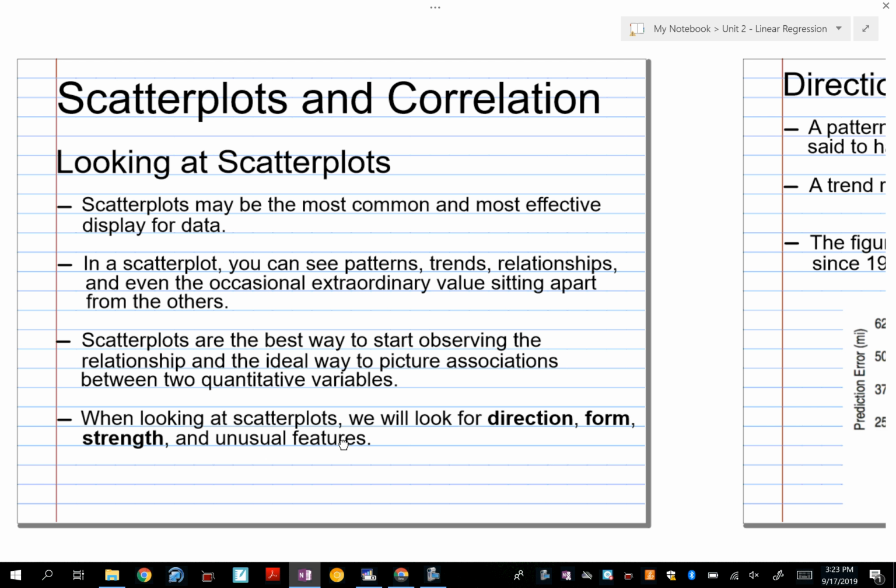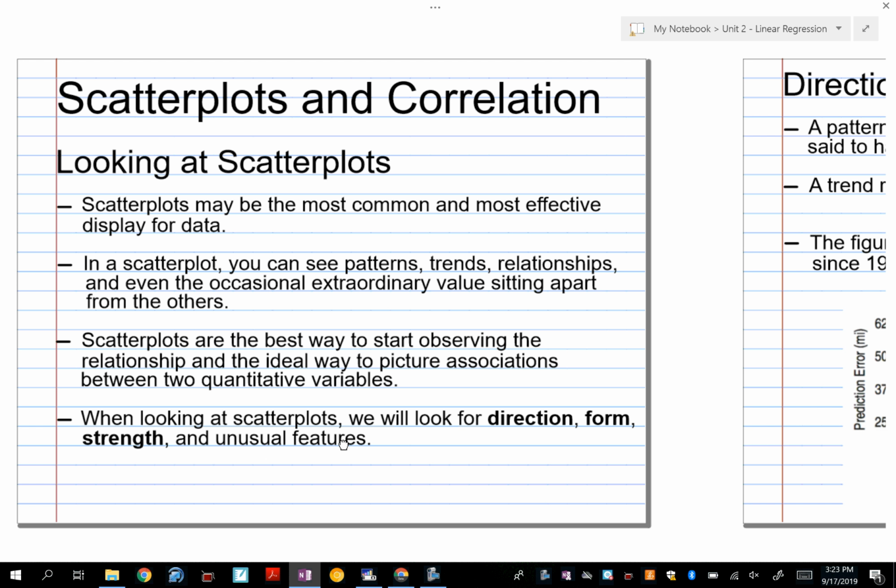Now, when we look at scatter plots, similar to histograms, there's three things we need to look at. We're looking at the direction of the dots, the form of the dots, and the strength. Those are the three things you need for this unit. What were the three things you knew for last unit for the histogram?